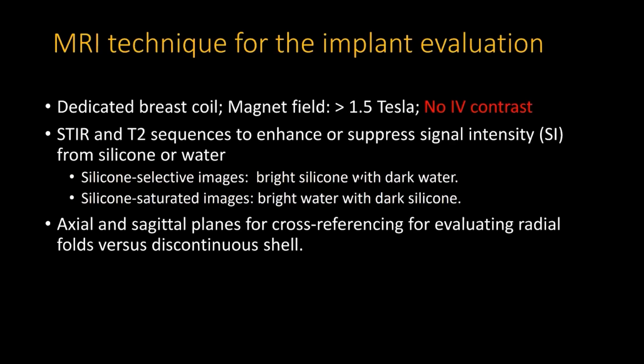And remember, no IV contrast, which is different from the typical MRI screening or pre-op evaluation. We will also need STIR and T2 sequences to either enhance or suppress the signal intensity from implant or water. For the silicone selective imaging, the silicone will be bright and the water will be dark.